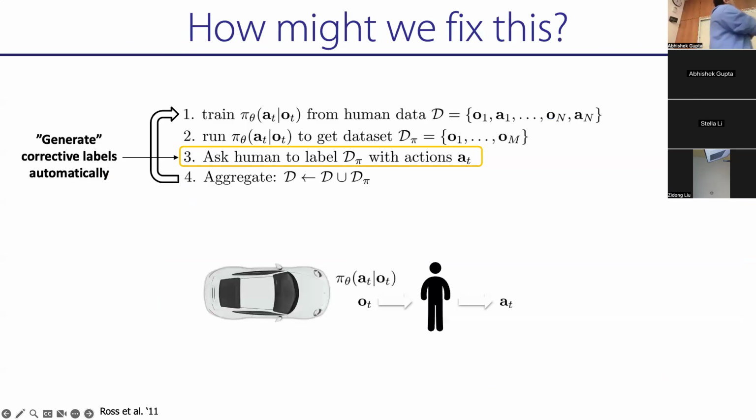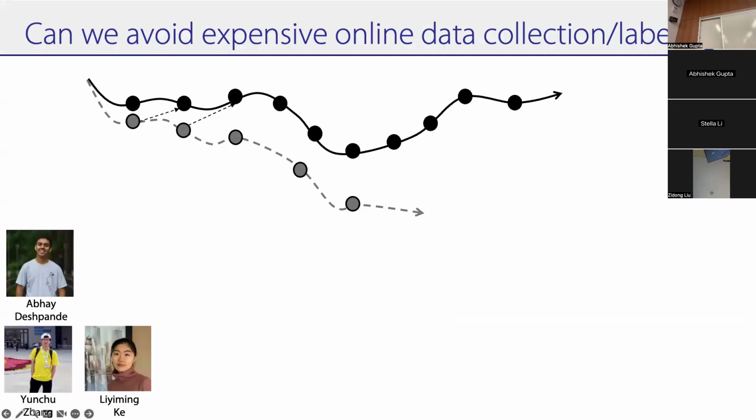Okay. Now, with this in mind, that it's not always possible to add noise, and it's not always possible to have human demonstrators in the loop, a couple of our students started thinking about how to avoid having humans in the loop, how to avoid online data collection, and how to avoid having to deal with noise.